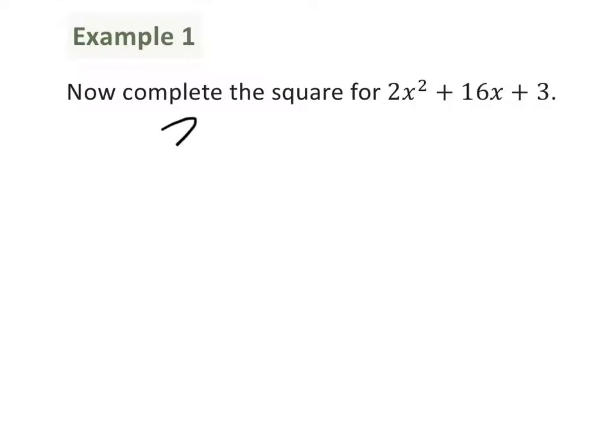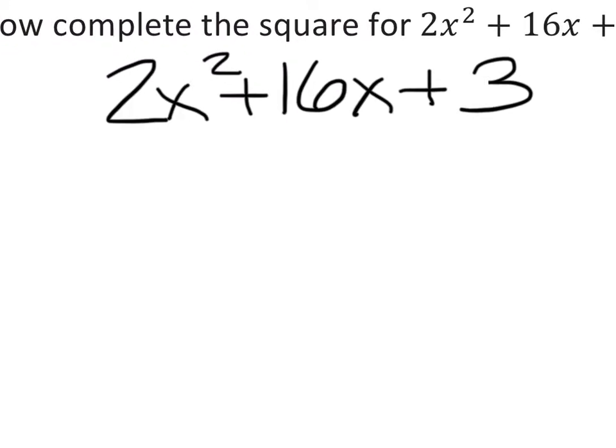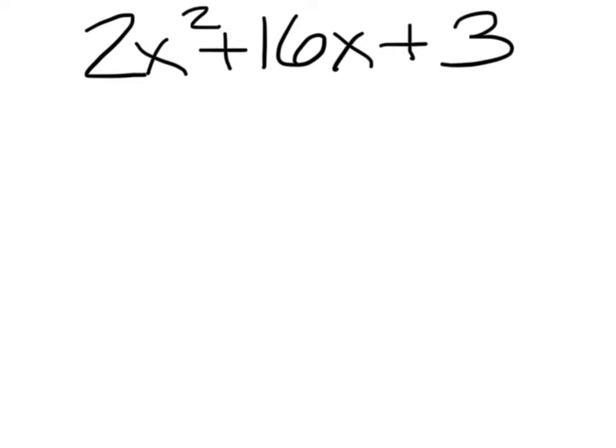First, I'm going to recopy it so that we can write underneath of it directly. Okay, so there's the problem. You are still going to do this first. But we don't want a number beside the x squared.